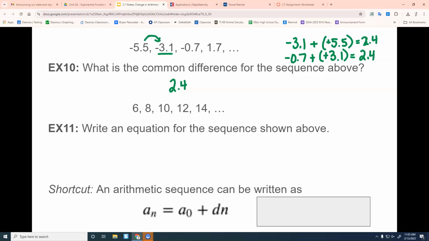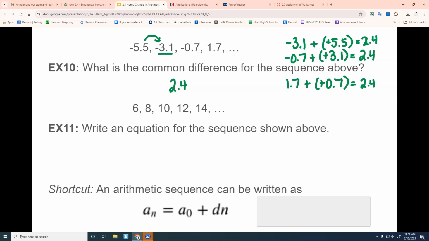I could have messed up. Is that still right? Let's see. Yes, it's right. It becomes like you're adding, and it'll be 2.4 again. So that is your common difference.